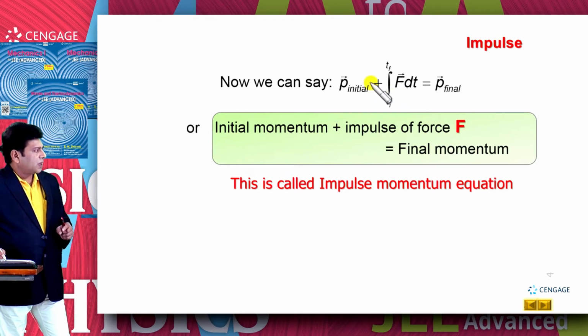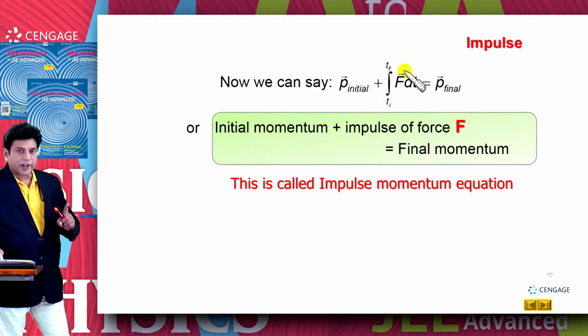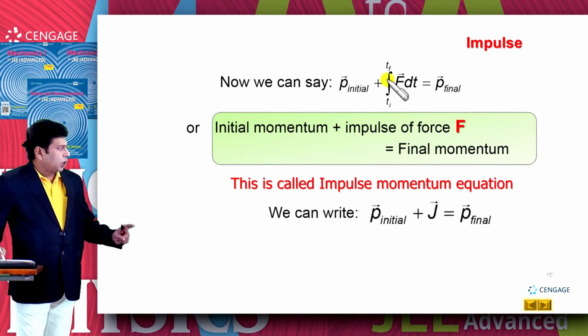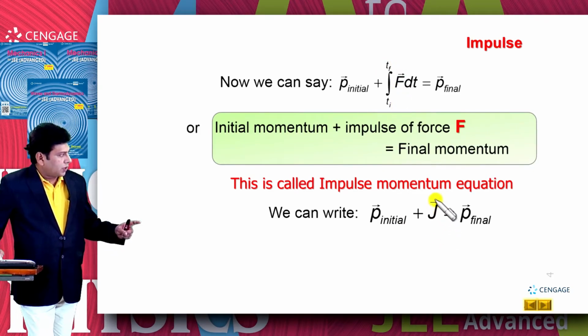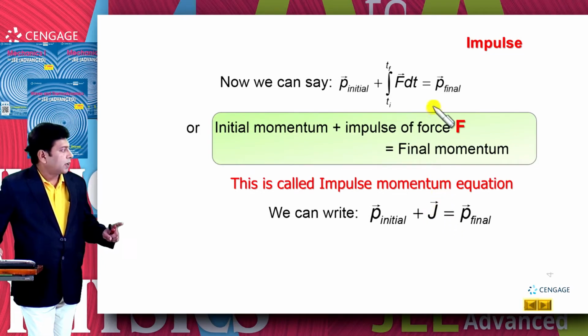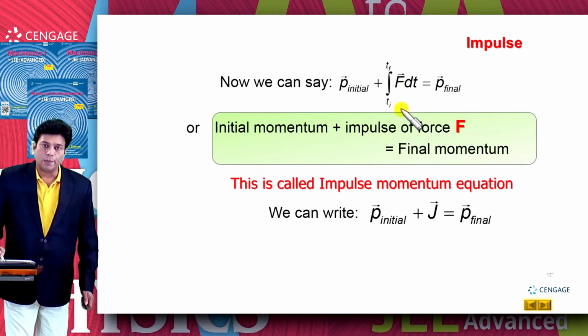And we can further rearrange it: in place of this mathematical relation, we can write J, so this relation becomes P initial plus J equal to P final. You can observe here, P is a vector quantity, that means J is also a vector quantity, and J is equal to the integral of F dt, that means the direction of the force is the same as the direction of the impulse.